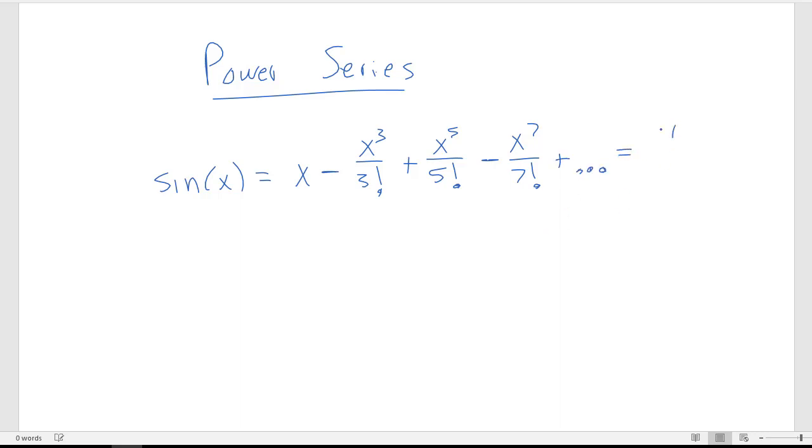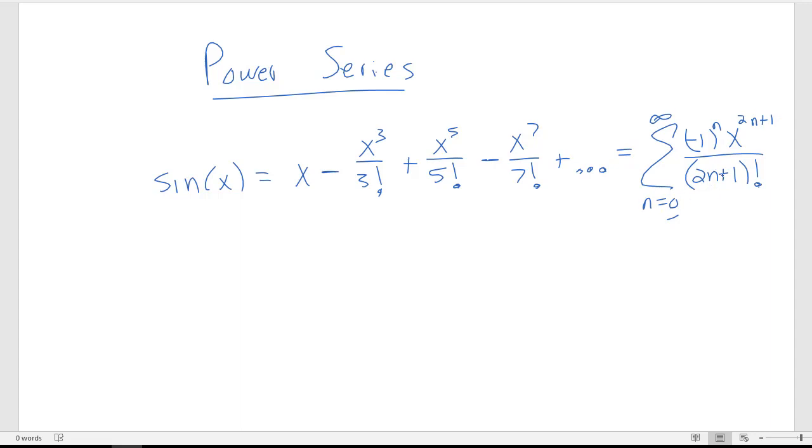The general term of this series is negative 1 to the n, x to the 2n plus 1 over 2n plus 1 factorial, where n goes from 0 to infinity. If I plug in n equals 0, negative 1 to the 0 is positive 1, I get x to the 1, and 1 factorial.